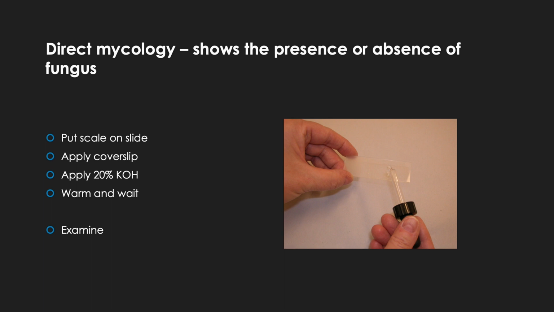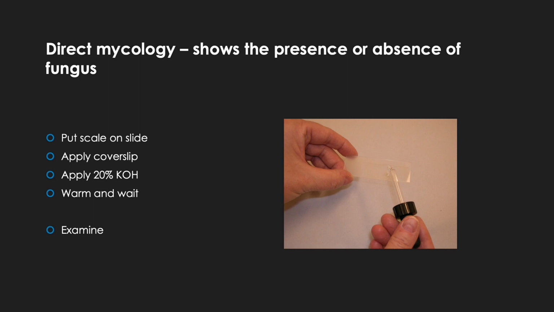In the laboratory, the scale is divided. Some is put up for culture, some is put up for what's called direct mycology. So the scale is put onto a glass slide. We then put a cover slip on top and then apply 20% potassium hydroxide, which spreads underneath the cover slip. We warm the area and wait, and then we can examine under the microscope.